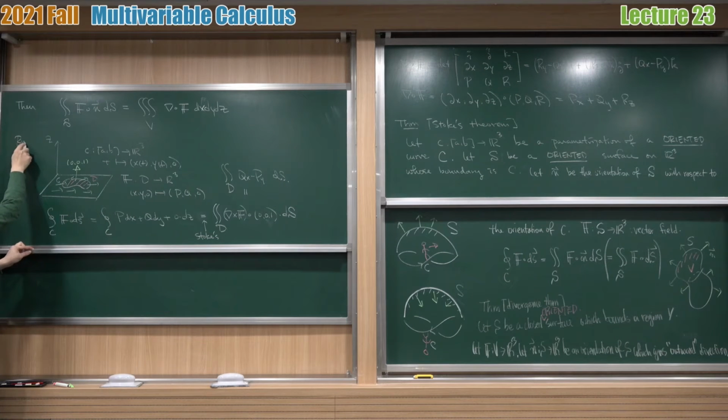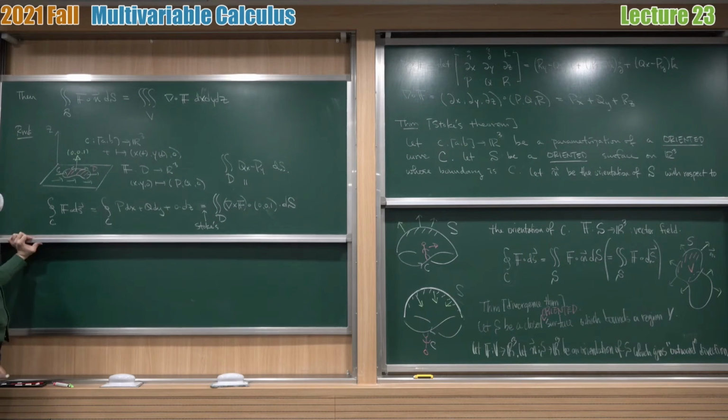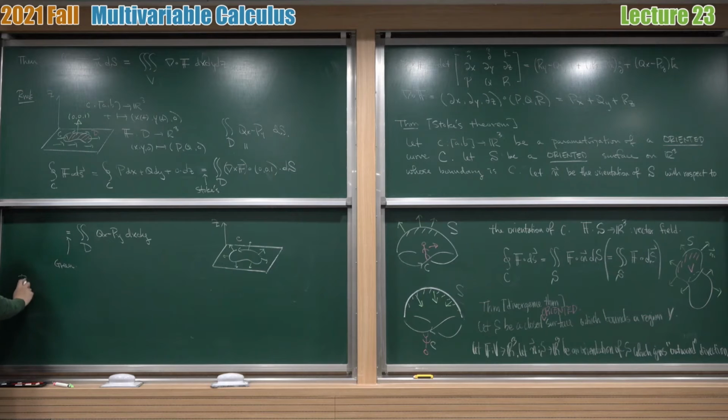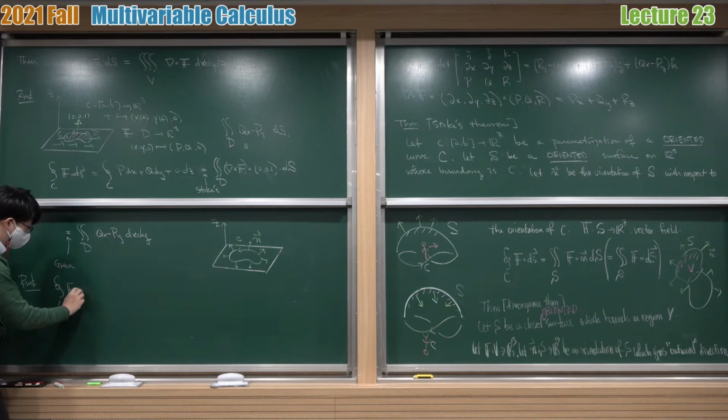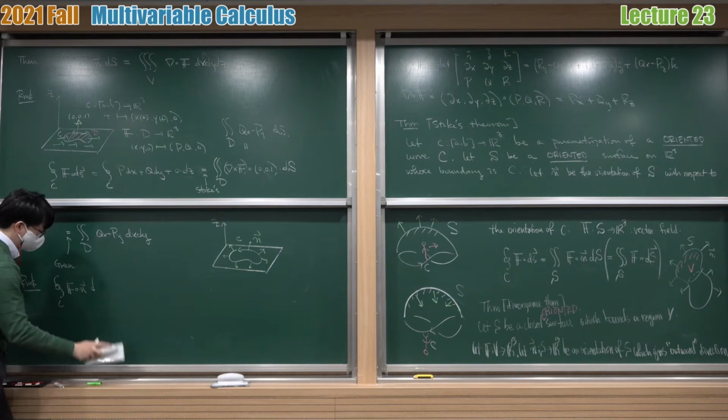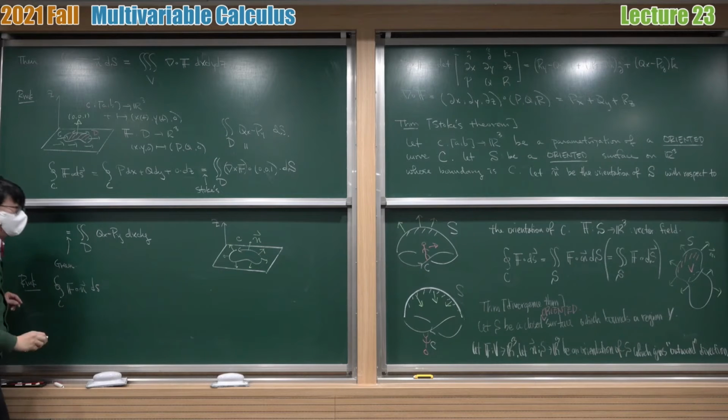And then this is another remark. Recall that if I take the flux outward, so this is n, okay?